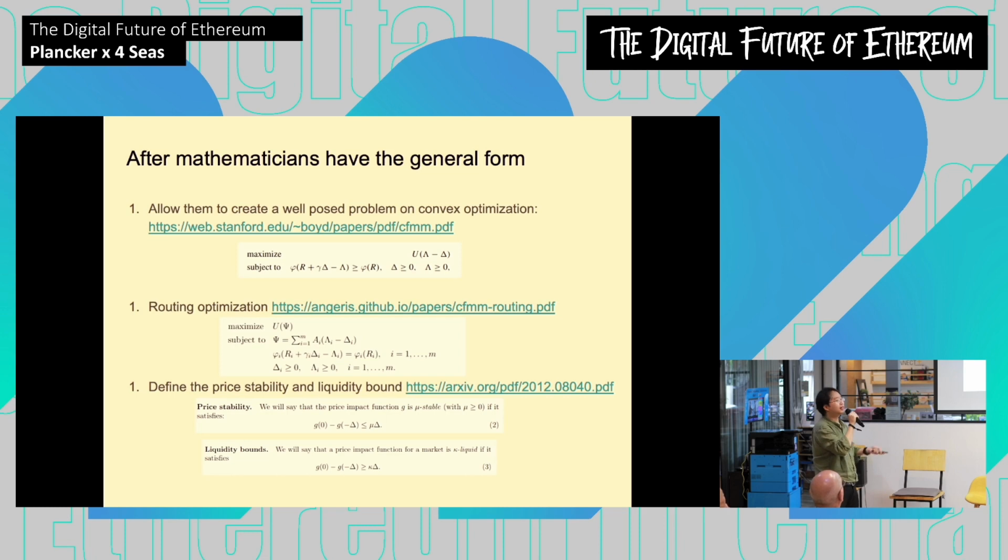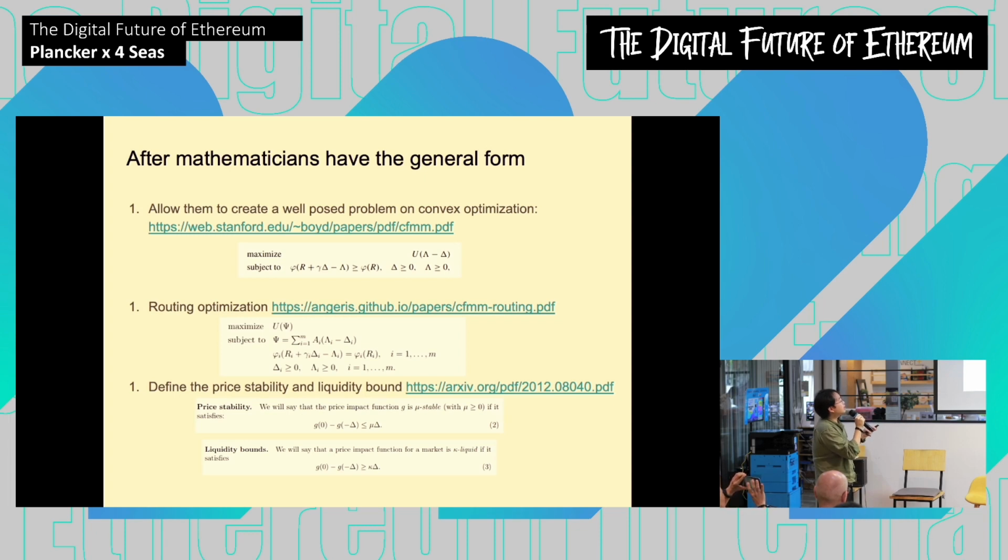Okay, so what happened after mathematicians had the general form of the AMM? This is what they get. For example, they can focus on many cases of the AMM at the same time by just saying, hey, it's just subject to the function phi here.